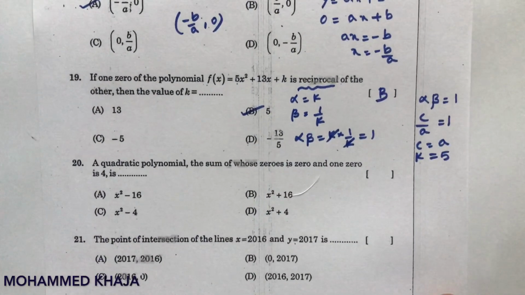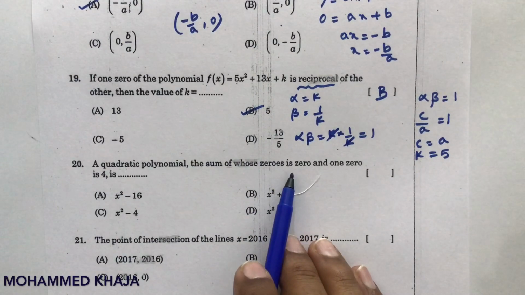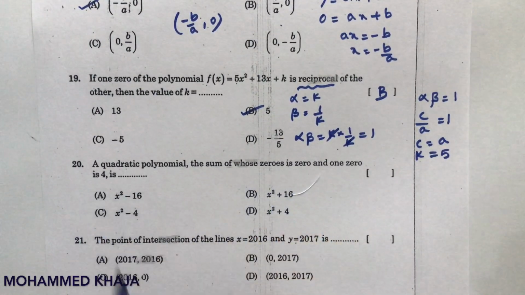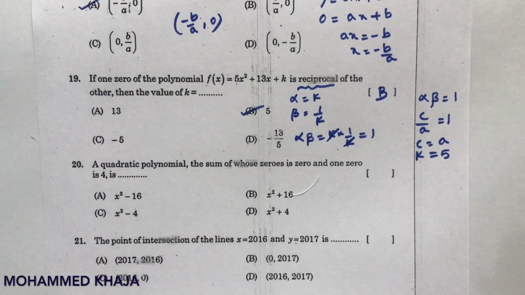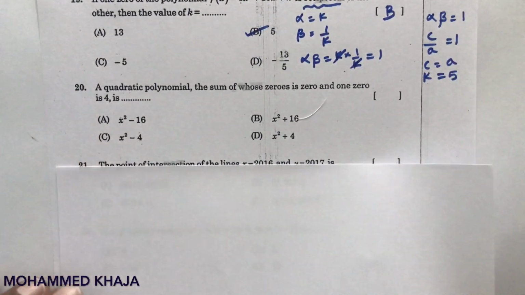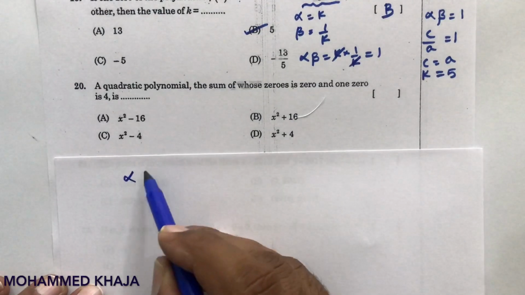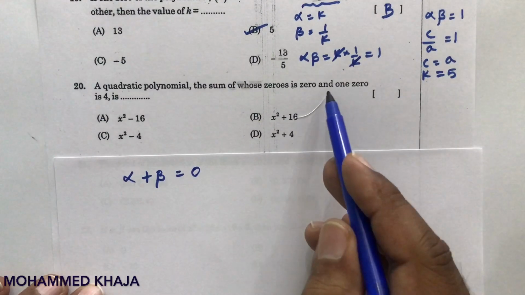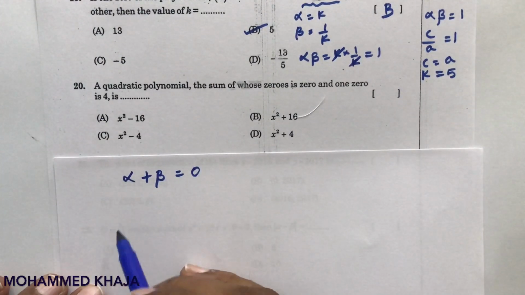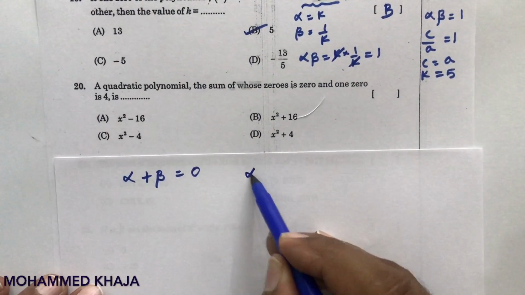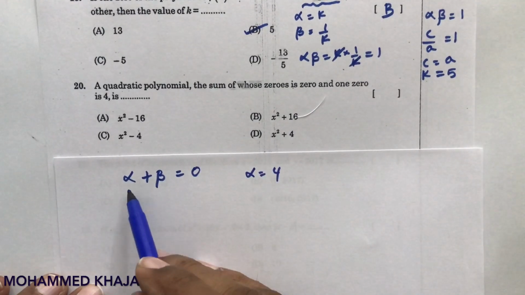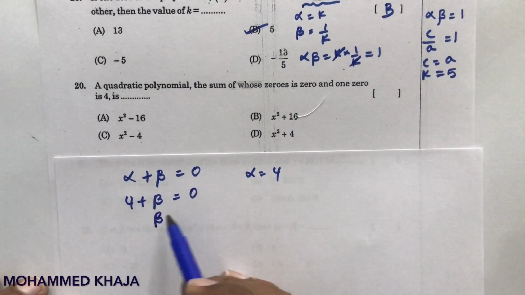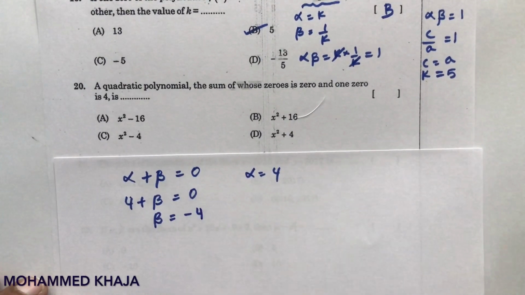Next one. A quadratic polynomial whose sum of zeros is 0 and one zero is 4. So here they told sum of the zeros alpha plus beta is 0 and one zero is 4. So it's very clear. If I consider alpha as 4, then 4 plus beta equals 0. So beta will be like additive inverse, which is minus 4.